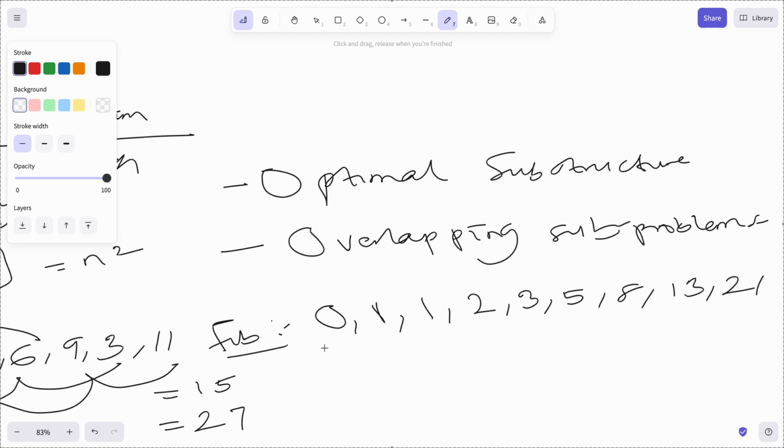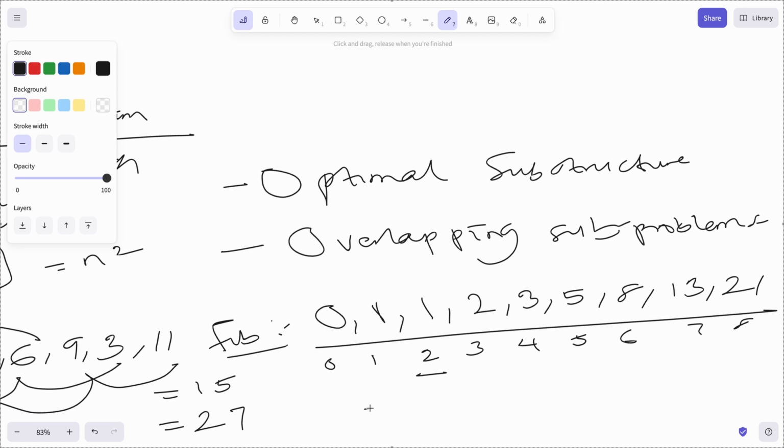If we index all of these entries, this will be index 0, index 1, index 2, 3, 4, 5, 6, 7, 8. And what we just said is that fib of 2 is equal to fib of 1 plus fib of 0.